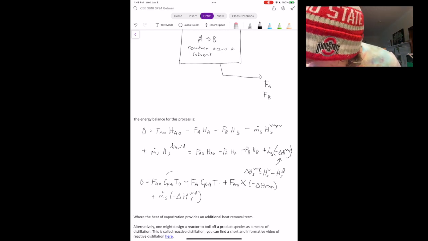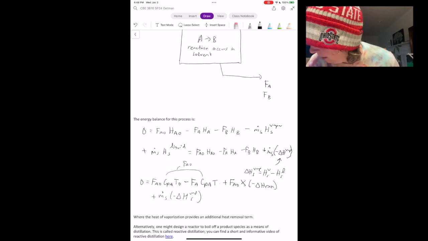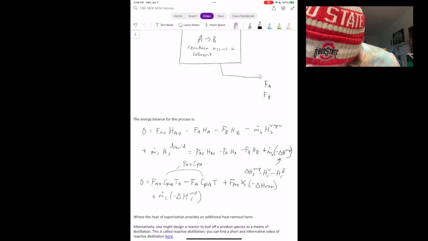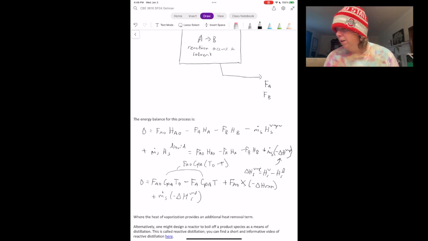And then these terms we know condense into FA naught CPA T naught minus T. So this is the sensible heat change of the species A as it comes in.